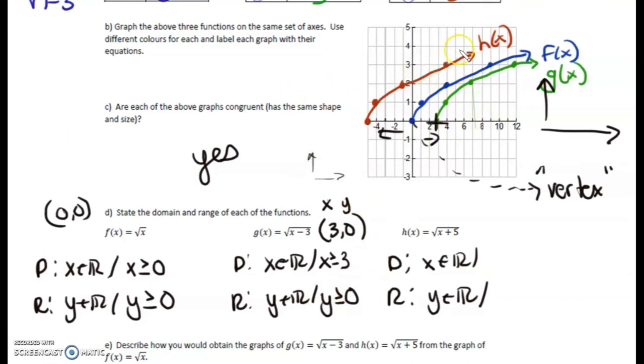Okay, nothing's been reflected. There's only one arrow on each of these graphs, and it's going to the right and up in those directions. Okay, the last one, we have our fake vertex at negative 5 and 0. So x is going to be greater than or equal to negative 5. Y is going to be greater than or equal to 0.